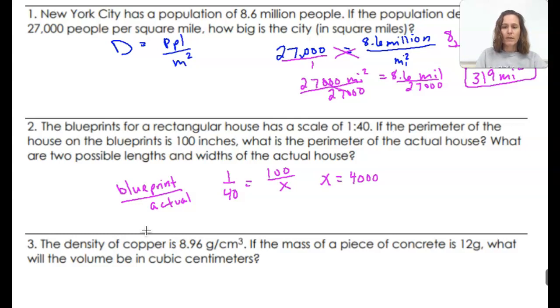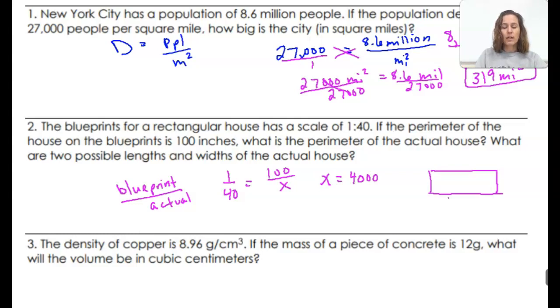Now, we have to figure out actual dimensions that could possibly be acceptable for this. So if I have a rectangular house, you have to think about perimeter where you're adding the sides together. So for example, you could have, well, it can't be 10, 10, 10, and 10 because it's rectangular, not necessarily a square. So let's do something a little bit more creative.